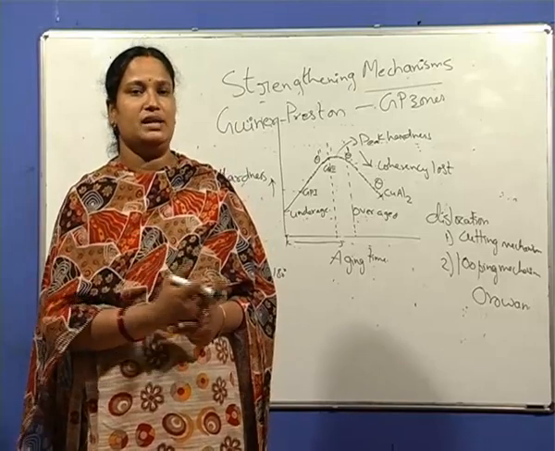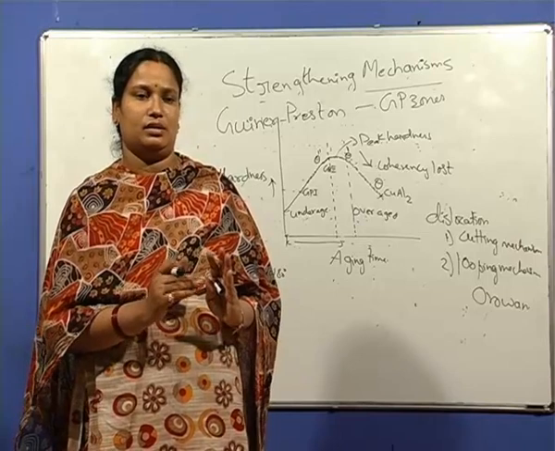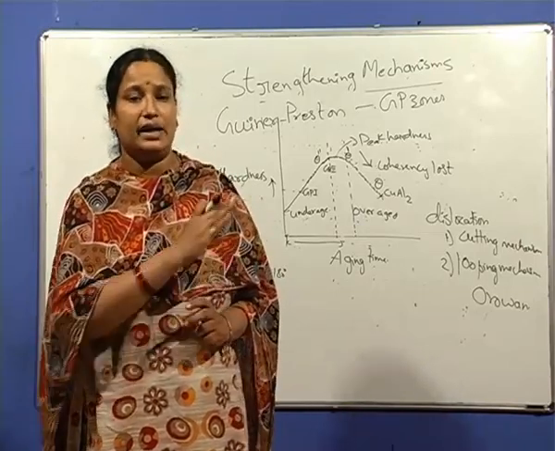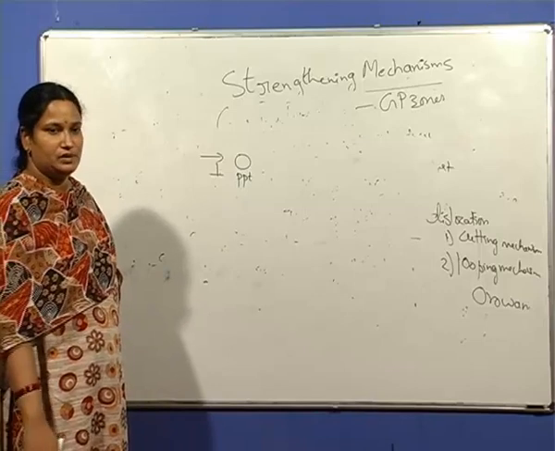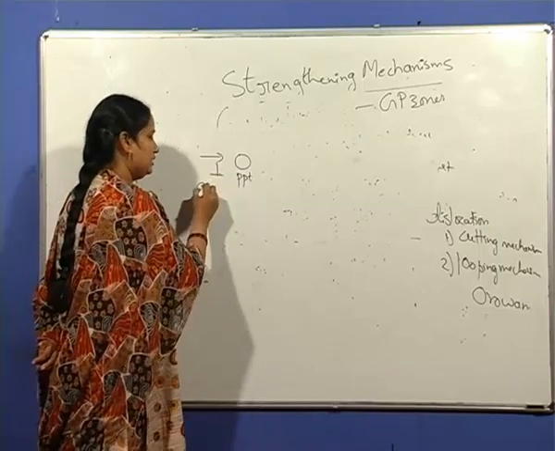Both these mechanisms require higher stress: the bending of the dislocation around the precipitate particles and the cutting of the precipitate particles. So when the precipitate particles are very fine, this is the precipitate particle and this is an edge dislocation. If it has to move across the precipitate particles, the obstacle to the edge dislocation is the precipitate.